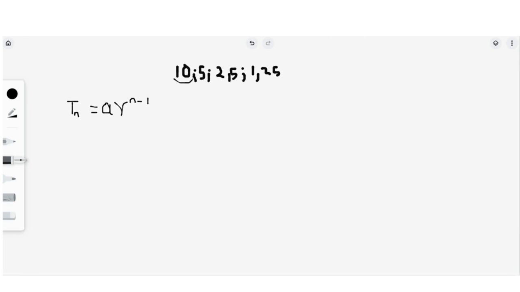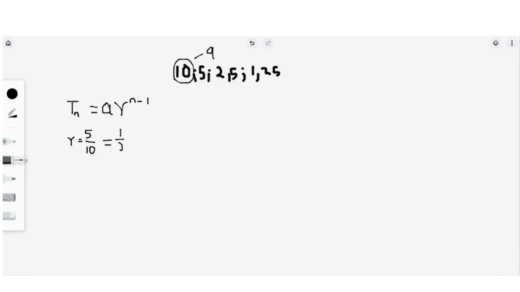Our A is the first term, which is 10. To find the r, it has to be r equals term 2, which is 5, divided by term 1, which is 10. This equals 1 over 2.